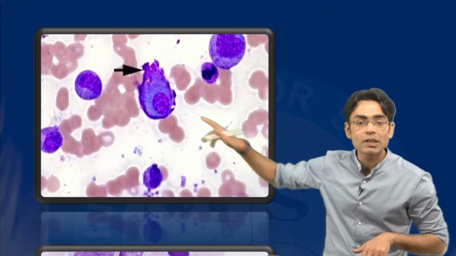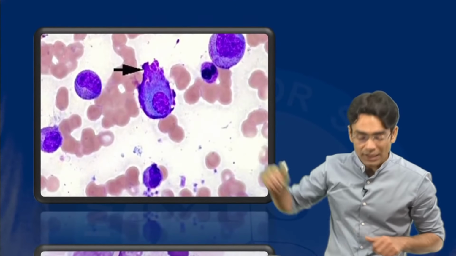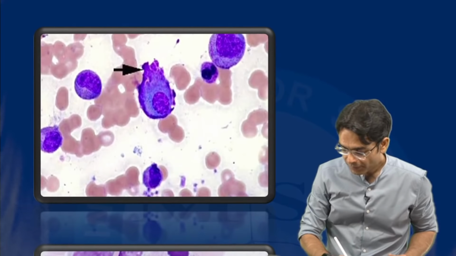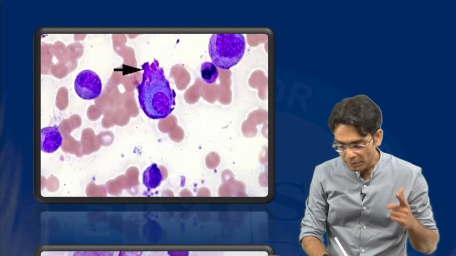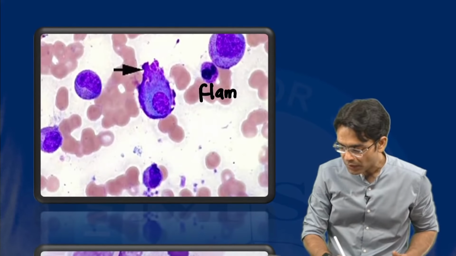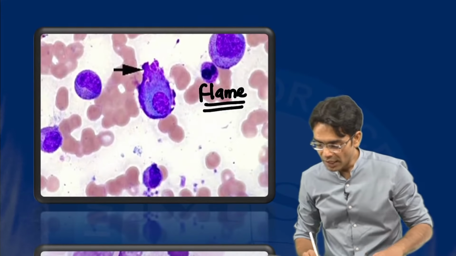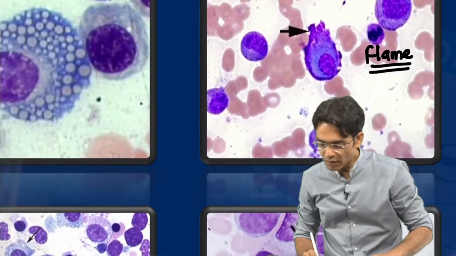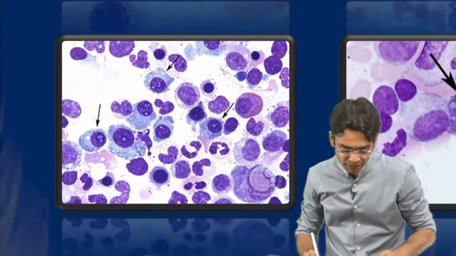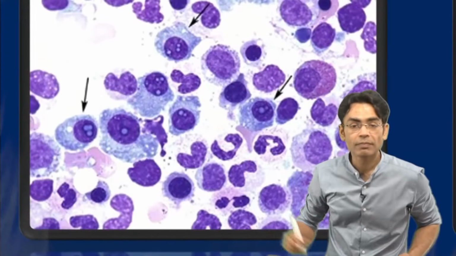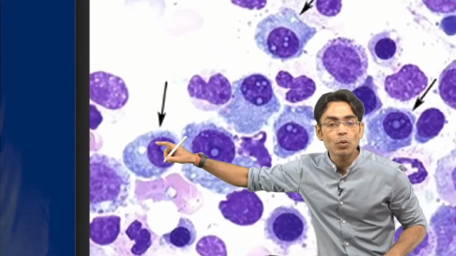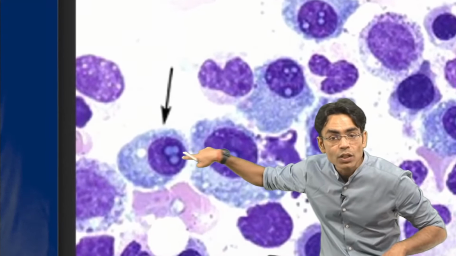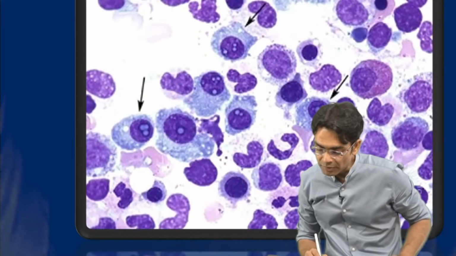What is this particular cell, beta? Which cell is this? Russell we will talk about shortly. These are your flame cells. Very good. These particular cells are seen when we have M protein deposited inside the nucleus of the plasma cells.